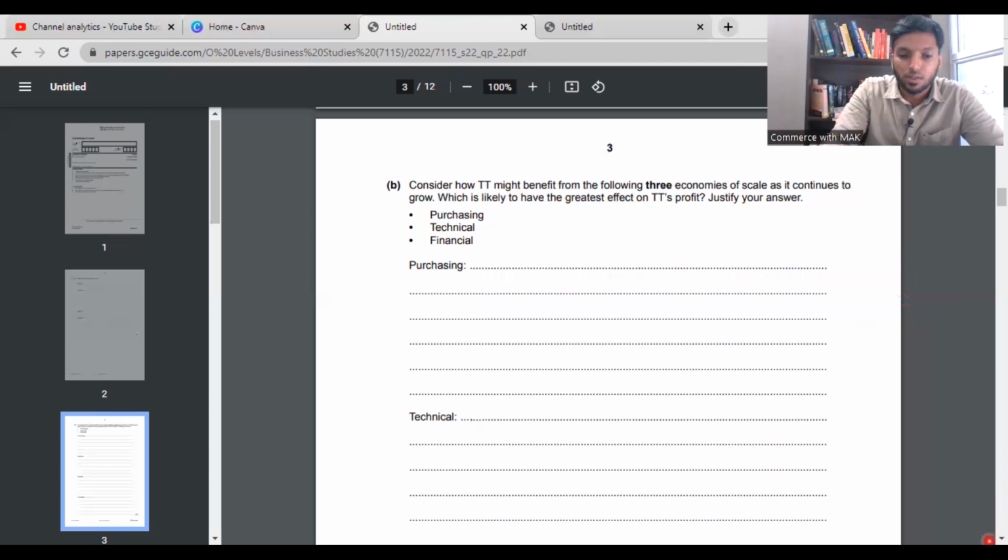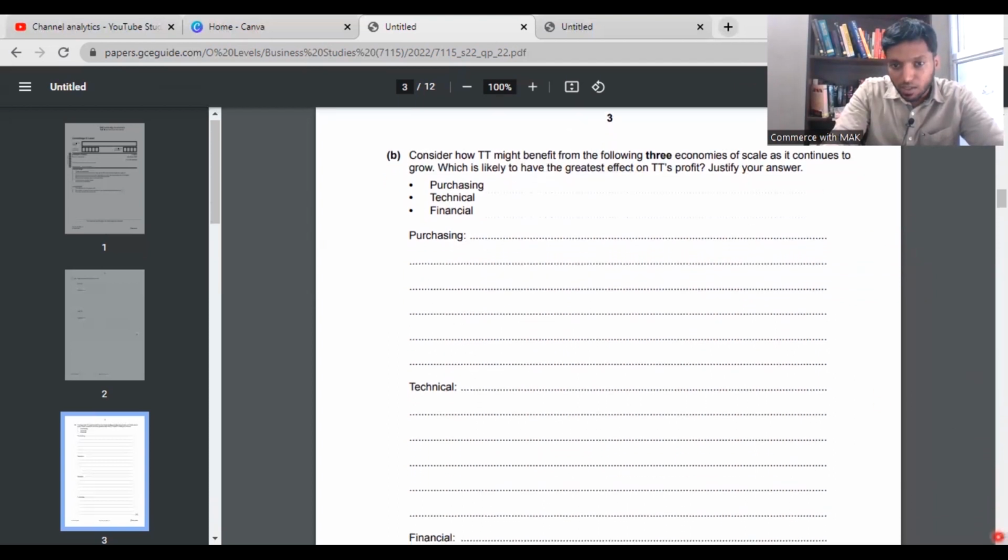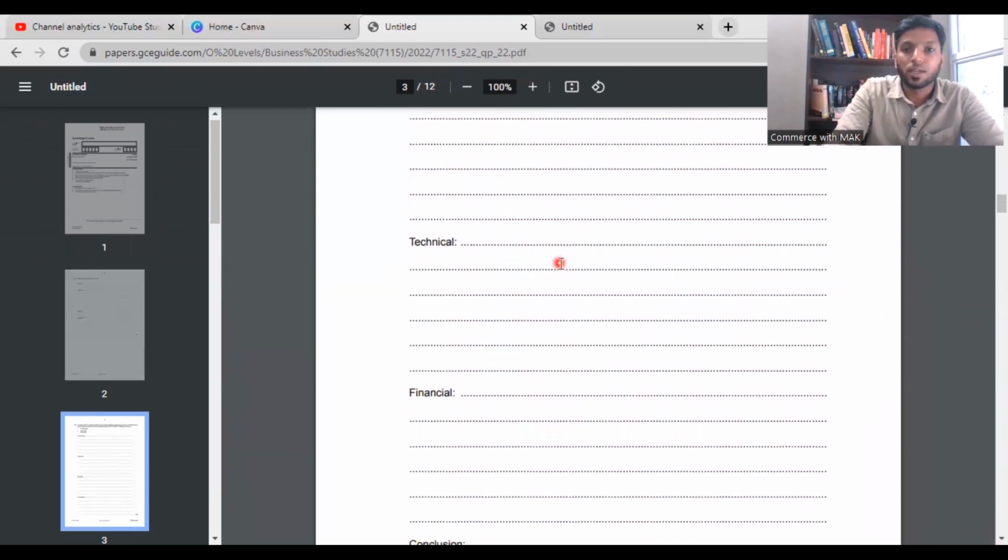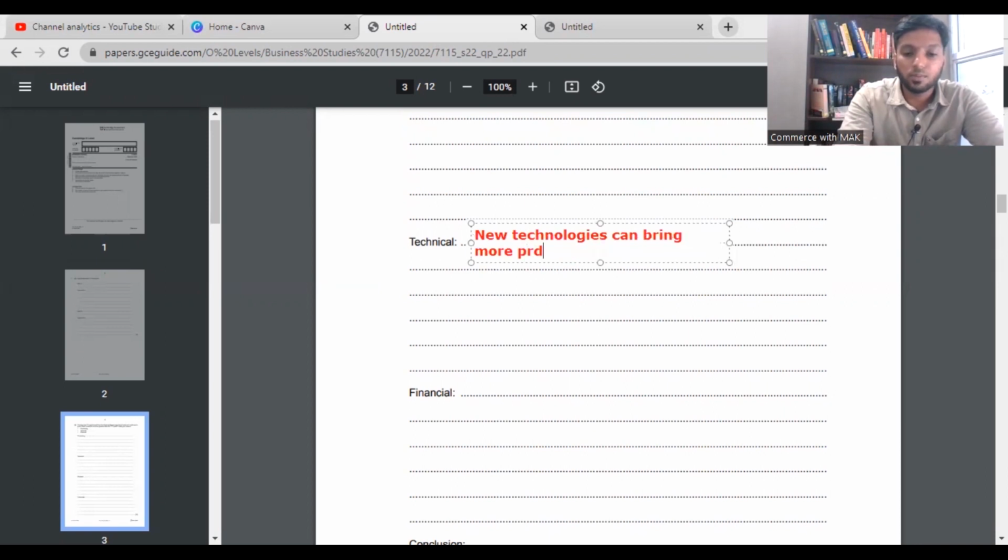I'll erase it off. Let me read this off for purchasing. No, I erased it. Anyway, we'll move on to the next part. Technical economies of scale can be new technologies. You can write new technologies can bring more productivity in TT.